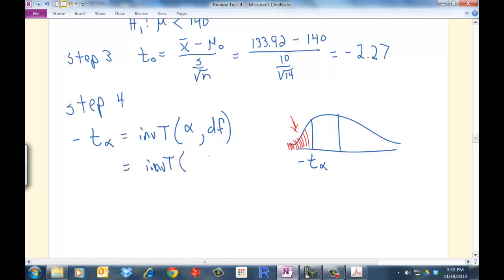So we get inverse t, alpha 0.05, degrees of freedom, sample size less 1, so 13.